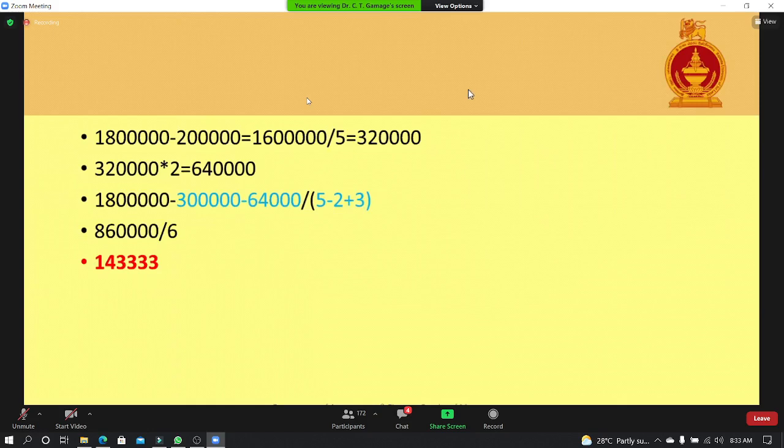Only one of you got that answer. Anyway, this is the answer. You take down your notes, how we calculated it. Here there should be a 0 at the end of 64,000. I will add it.